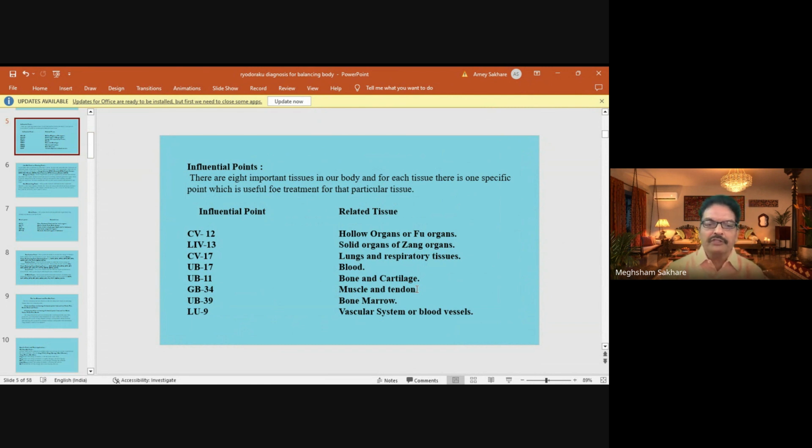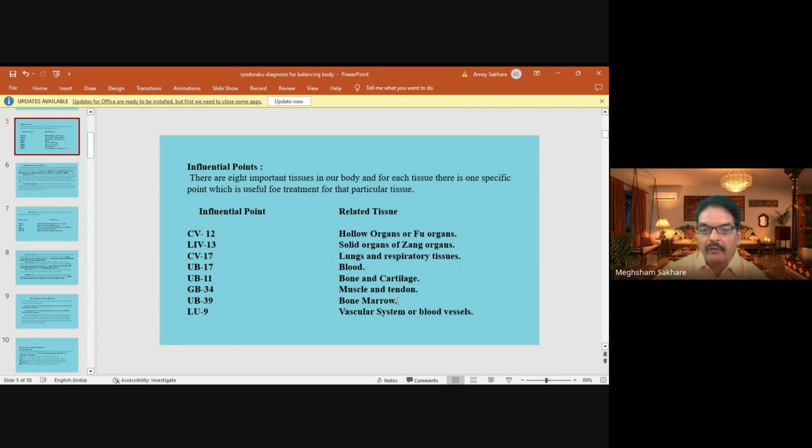You must use GB34, on the lateral side of the patella, a forefinger below the lower margin of the patella.